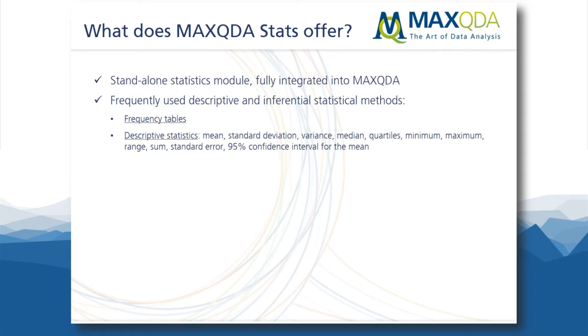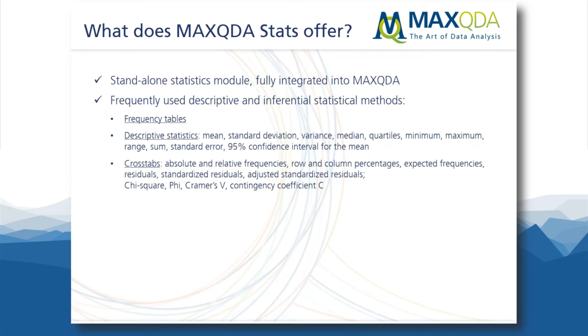Also, you can compute descriptive statistics, which means you can calculate values like the mean, the standard deviation, quartiles, the standard error, or the 95% confidence interval for the mean. In addition to this, you can create crosstabs where you can display absolute and relative frequencies, row and column percentages, or the standardized residuals, for example.